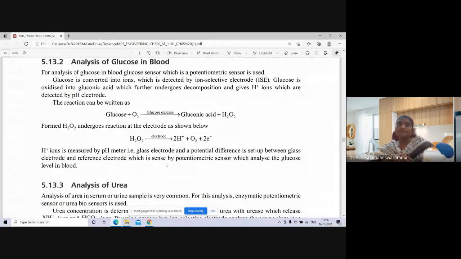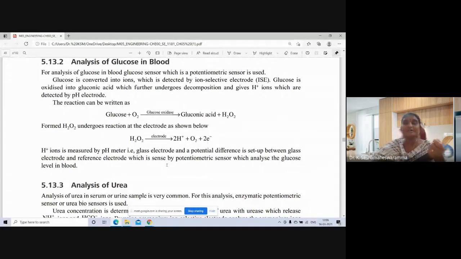The hydrogen peroxide undergoes reaction at the ion selective electrode and gives H+ ions, releases oxygen and then electrons. The H+ ions are measured by the pH meter, that is the glass electrode, and the potential difference set up between the glass electrode and the reference electrode is sensed by the potentiometric sensor, which analyzes the glucose level in blood.